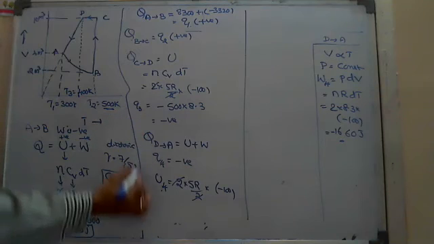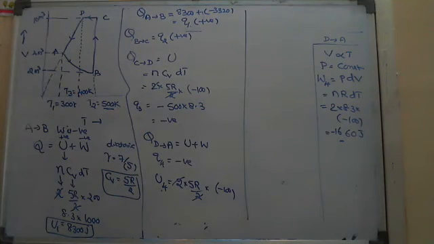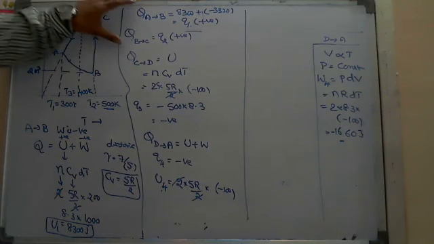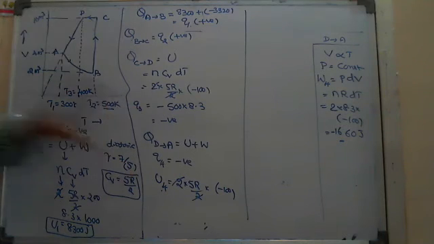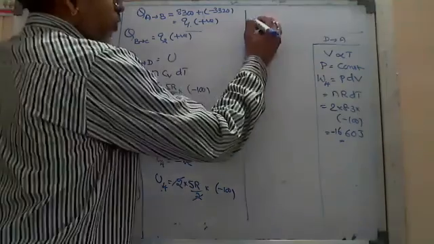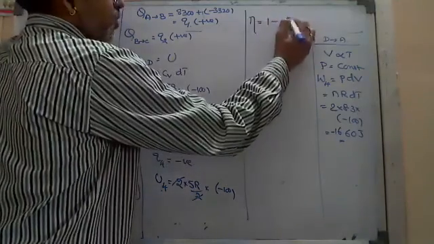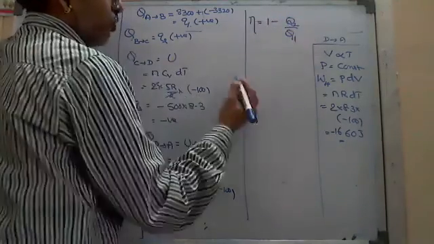Look here, in the whole process, anywhere Q is not equal to 0. Here 2 positive values I got, 2 negative values I got. Therefore I am going to use the formula efficiency equals 1 minus Q2 by Q1.